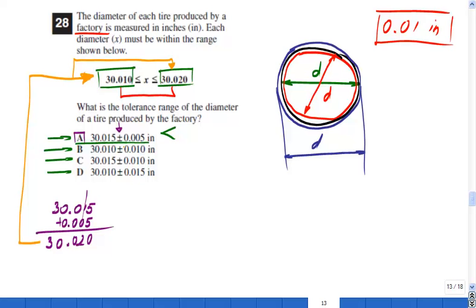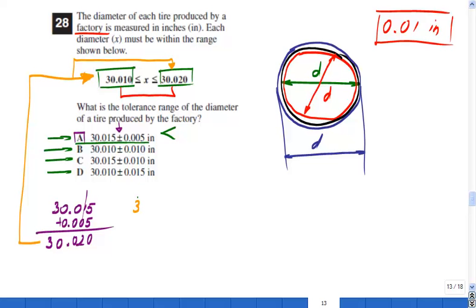No, it's not. It's actually equal to that. So if I'm adding 0.005 to 30.015, I will be within the range of error that is acceptable by the factory standards. So that one so far is good.